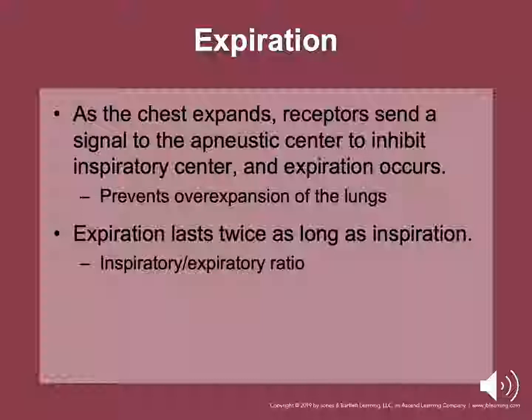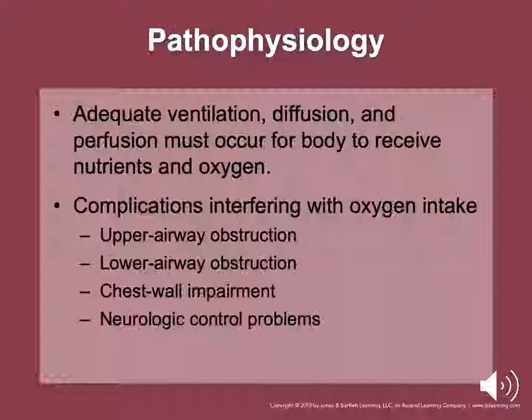Expiration lasts twice as long as inspiration, and this is where you get your Hering-Breuer reflex. So, with the overexpansion of the lung, normal expiratory reserve volume is about 1,200 milliliters. Expiratory phase is short in a patient with tachypnea.